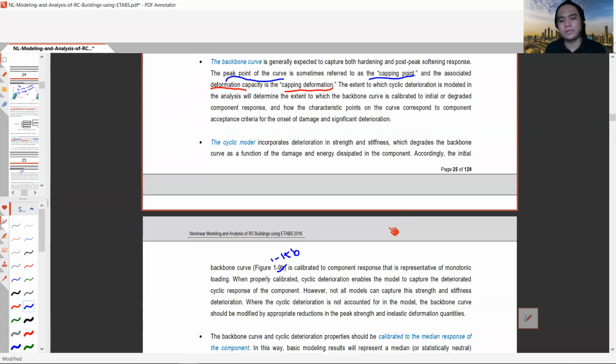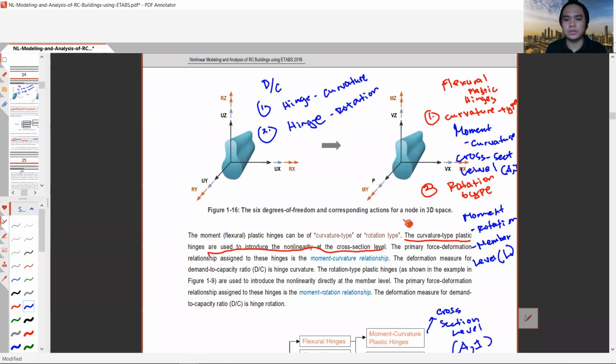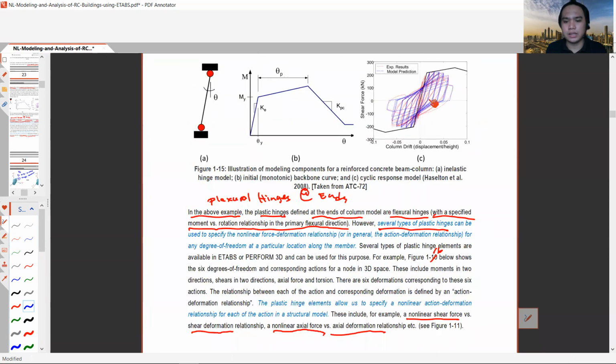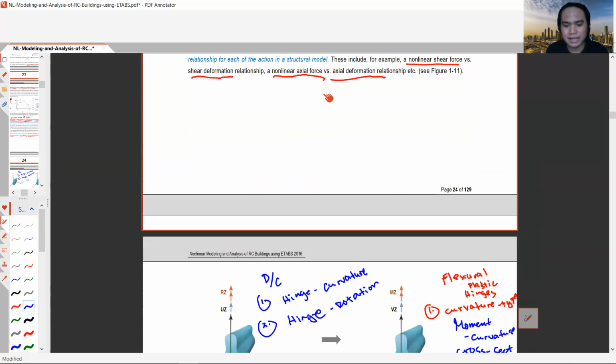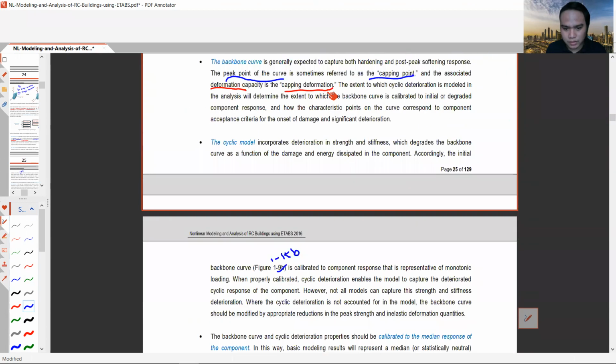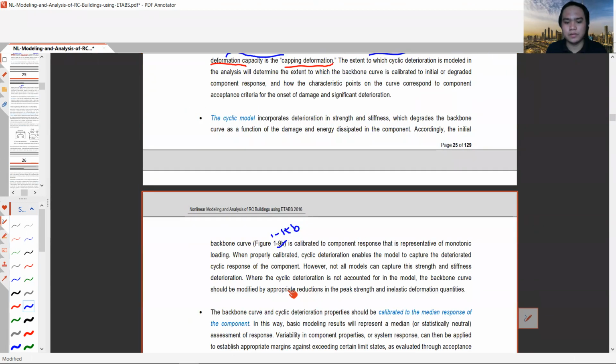So sabi niya dito, kapag hindi daw na-capture yung cyclic response of the model, the backbone curve is modified by a certain factor or modified with appropriate reductions in the peak strength, to replace the cyclic deterioration na hindi natin na-capture.